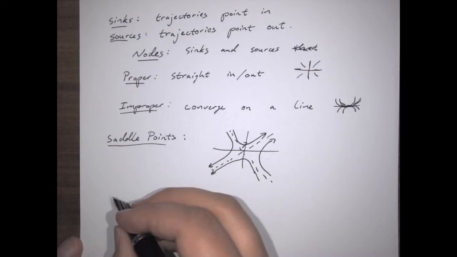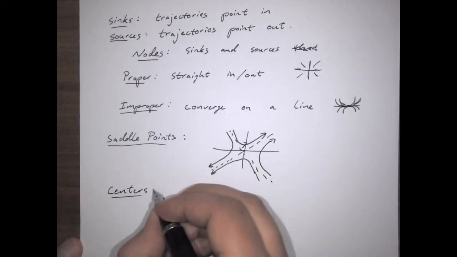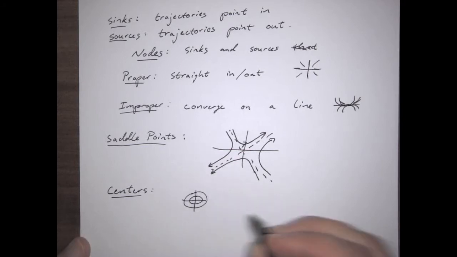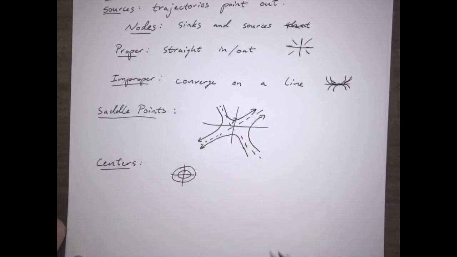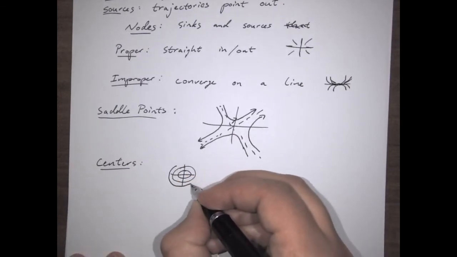Anyway, so saddle points, centers. These just make circles or ellipses, not a spiral.